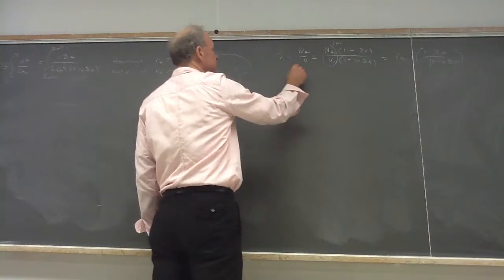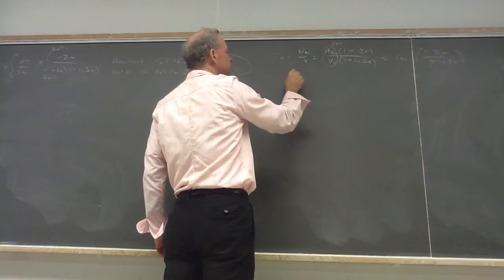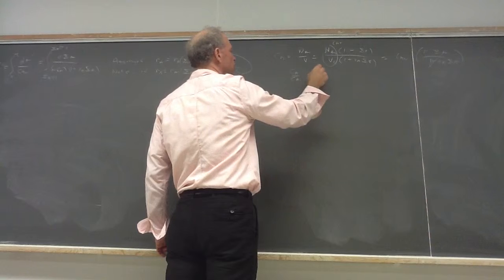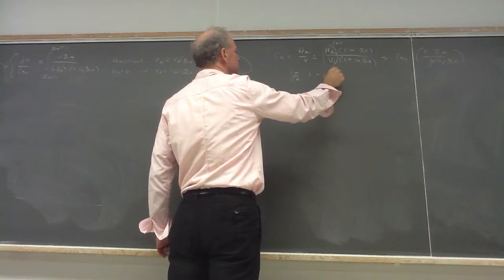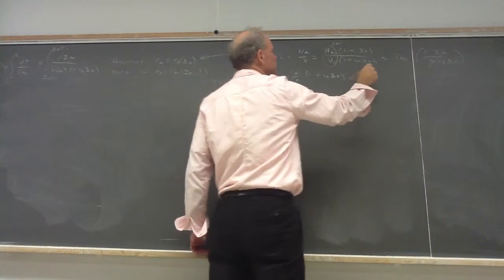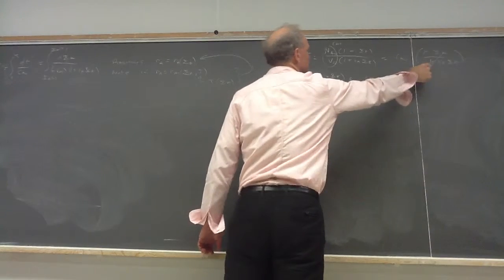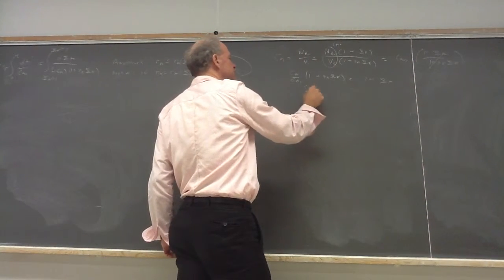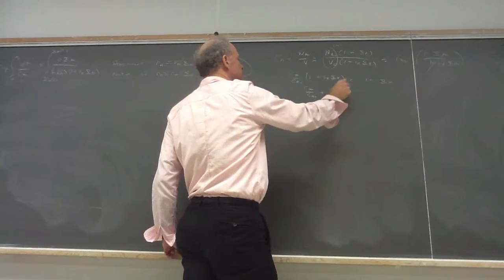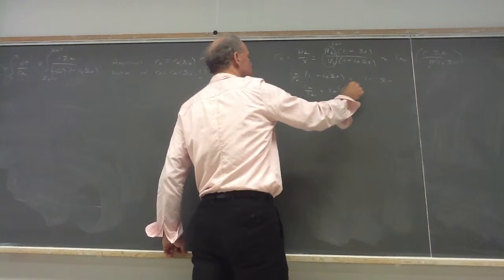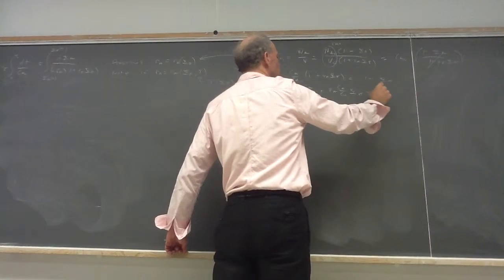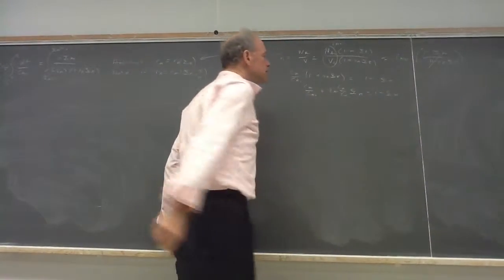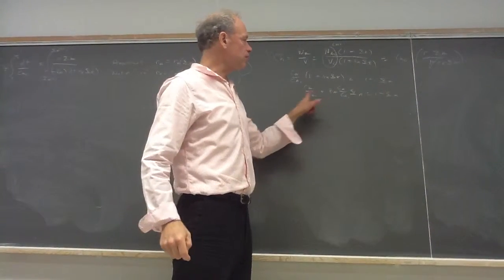We can do the algebra. We have CA over CA0 times 1 plus epsilon A XA is equal to 1 minus XA. So I multiply through by this. So I have CA over CA0 plus epsilon A CA over CA0 XA is equal to 1 minus XA. So I'm going to bring this to this side of the equation and this to that side.